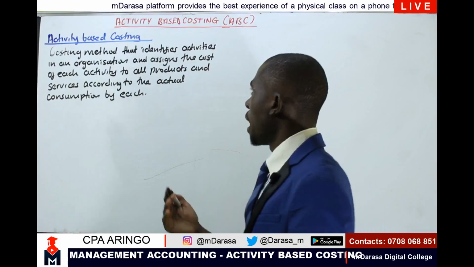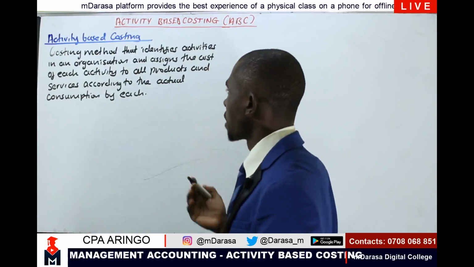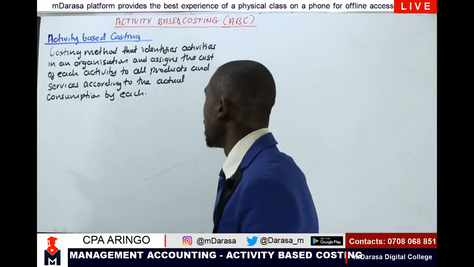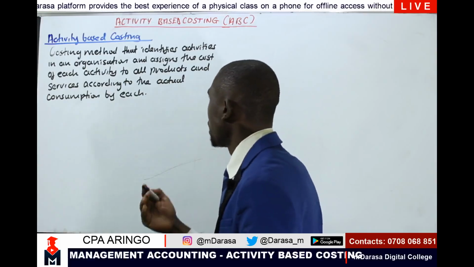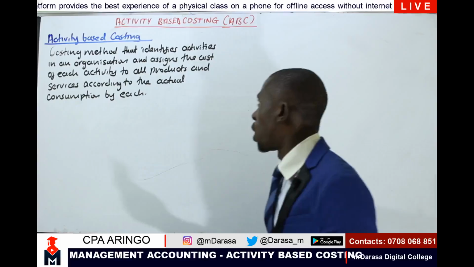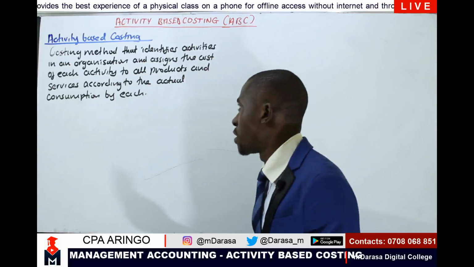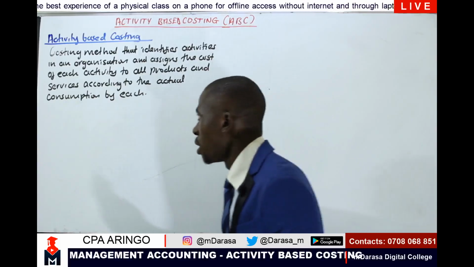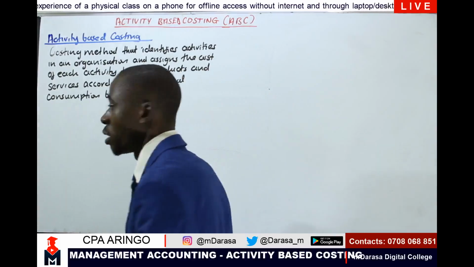We are talking of a costing method that identifies activities in an organization and assigns the cost of each activity to all products and services according to their actual consumption by each.